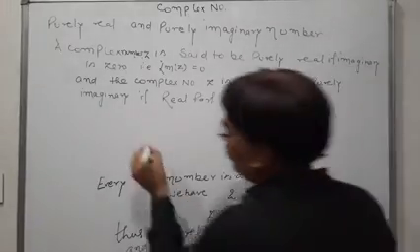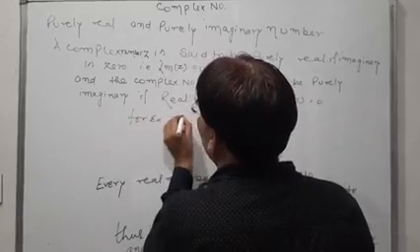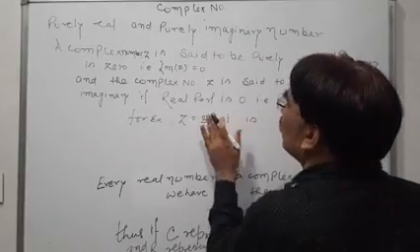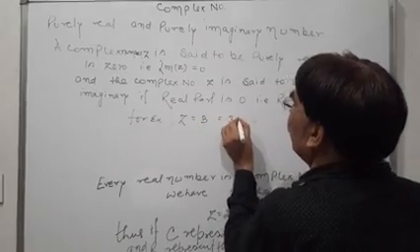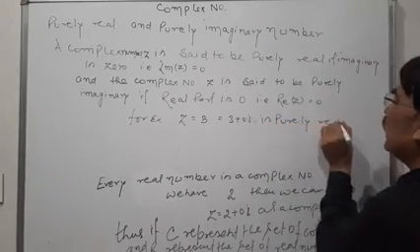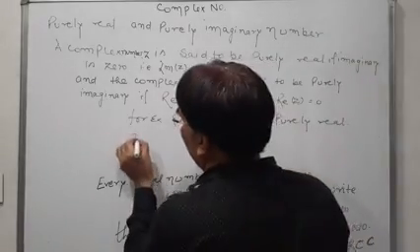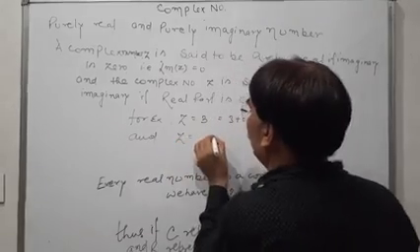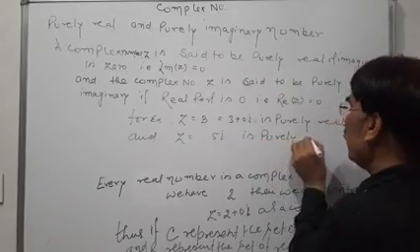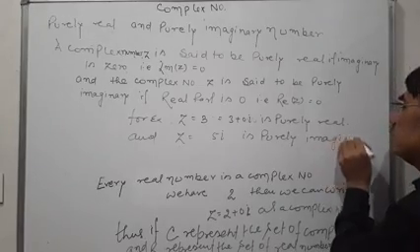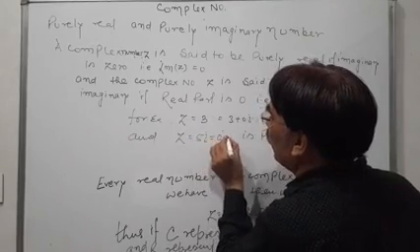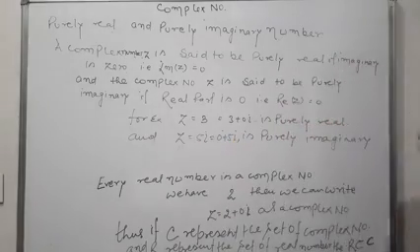For example, z is equal to 3, which is 3 plus 0i, is purely real, and z is equal to 5i is purely imaginary. 5i, you can write 0 plus 5i, is purely imaginary.